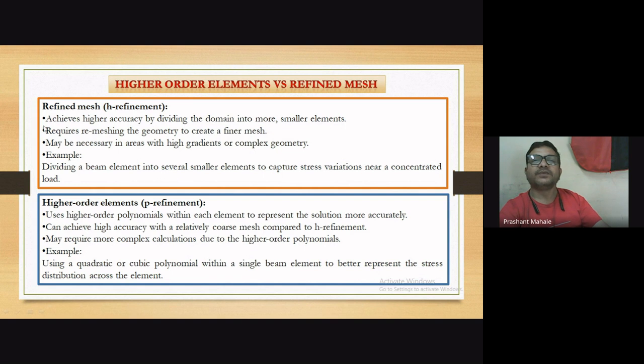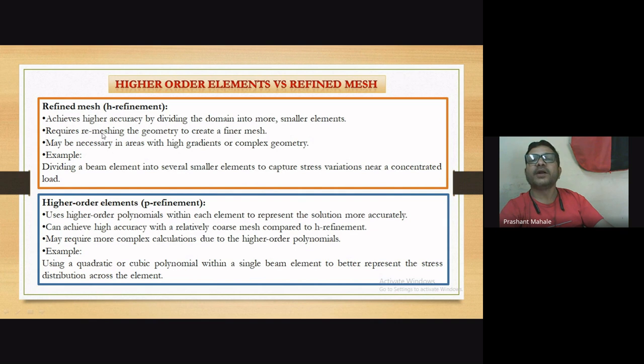What are those? First, H refinement achieves higher accuracy by dividing the domain into more smaller elements. So we are going to modify the size of element, from bigger to smaller. If it is smaller, more number of elements will be there, which we are calling a refined mesh.